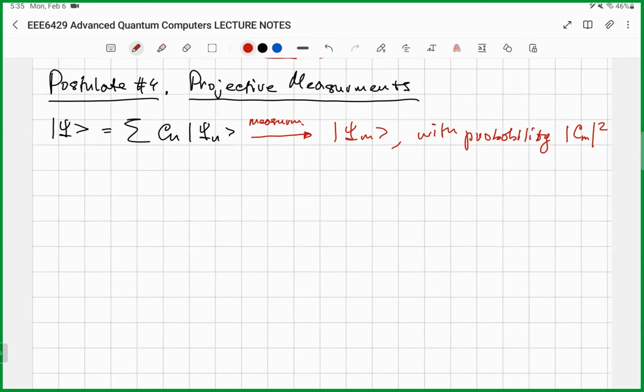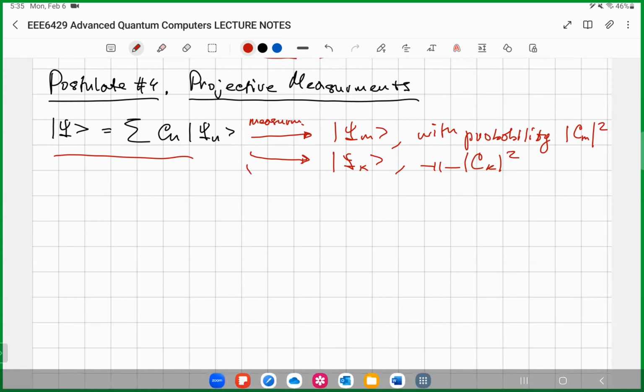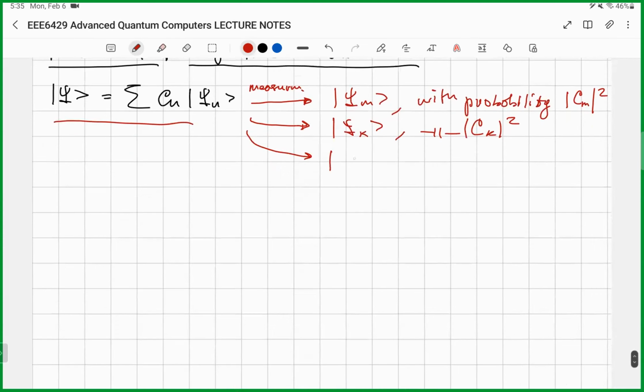Then I can prepare this system again in this state and do another measurement. And in the result of this measurement, I will get something else. Another state, for example, psi k, with probability c_k squared. Then I can prepare the system again, do measurement, and in the result I will get another state with probability modulus c_n squared, and so on.